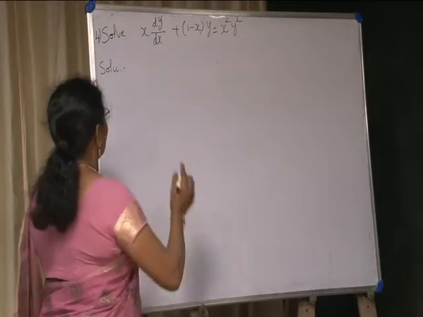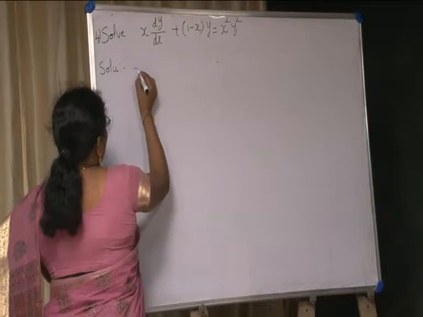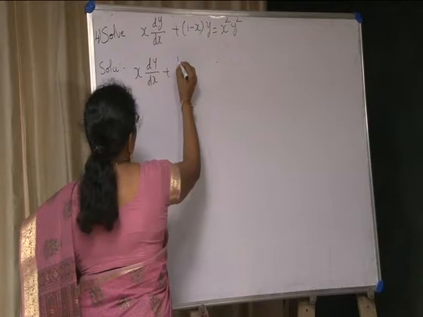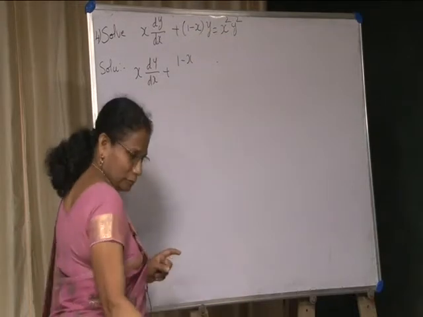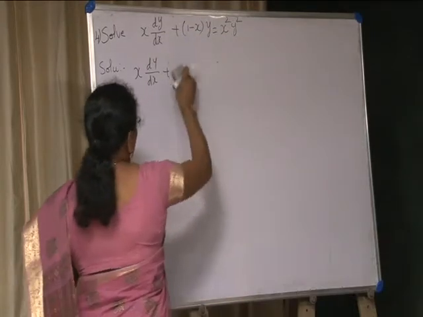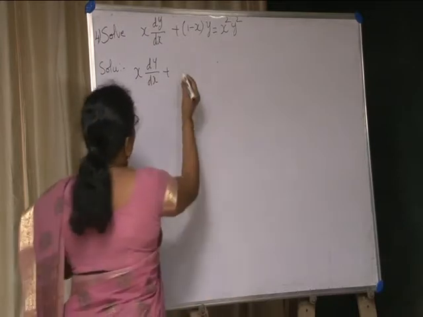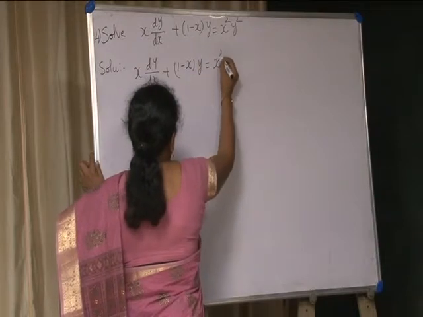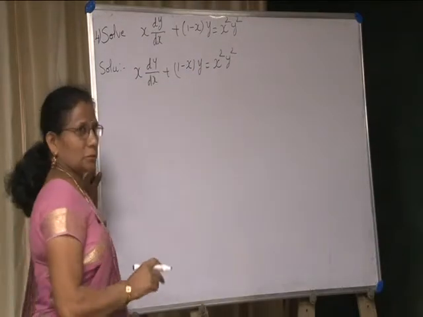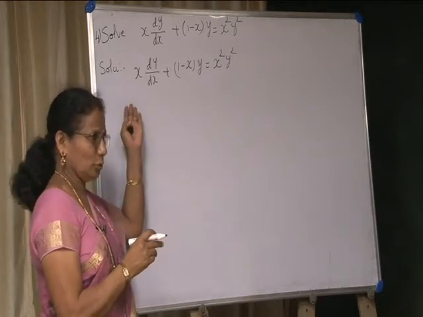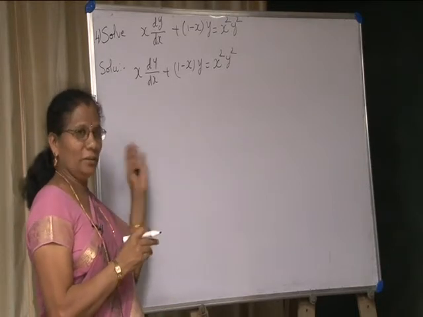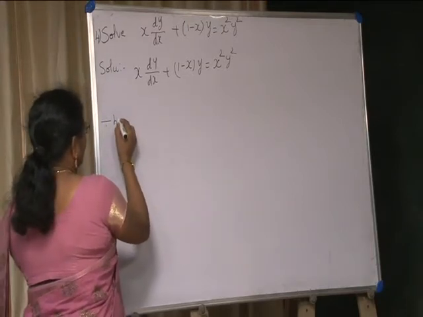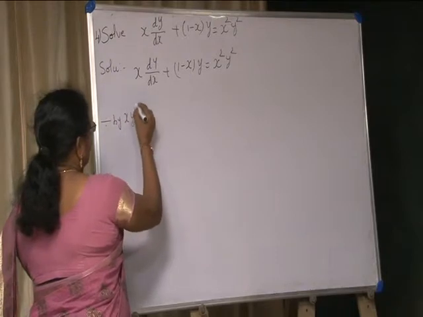So, divide the equation by x into y squared. If you want to do twice, first you divide by x, next you divide by y squared. Otherwise, divide the equation by x into y squared.